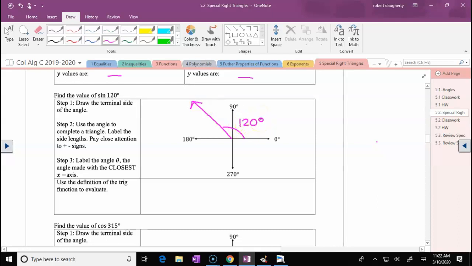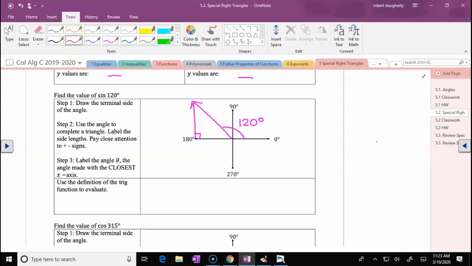Okay. Now what you need to do, you need to draw a right triangle with the closest x-axis. So that means I'm going to do what? I'm going to come straight down here. That's going to be my right triangle. Okay. This angle that you see here is called the reference angle or the central angle. You may hear that terminology.